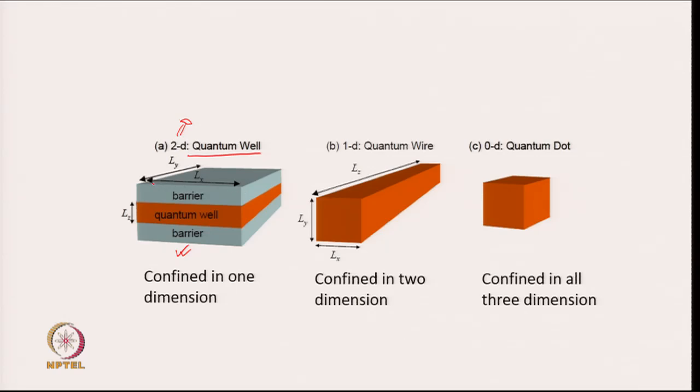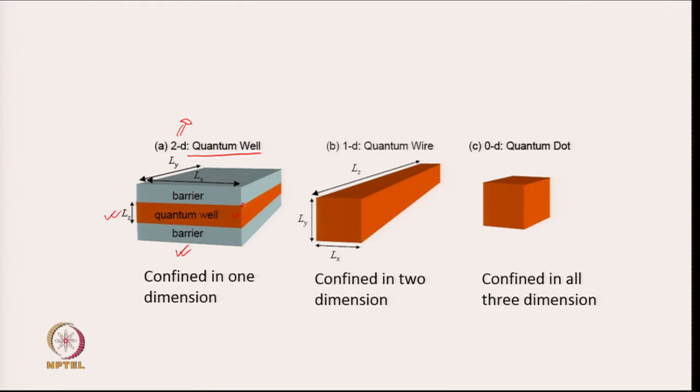If you look at this picture, it is unconfined in the x dimension and unconfined in the y dimension, where it is confined is in the z dimension. So, this is very small. This is your quantum well.